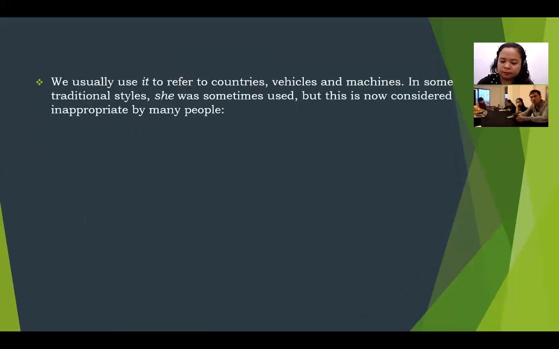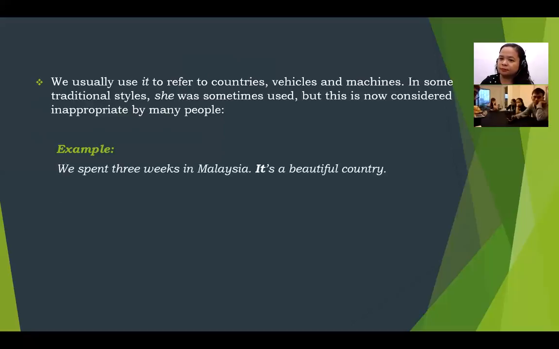In some traditional styles, she was sometimes used, but this is now considered inappropriate by many people. Example, we spent 3 weeks in Malaysia. It's a beautiful country. Yeah, so the it here is Malaysia. So they describe Malaysia as a beautiful country.